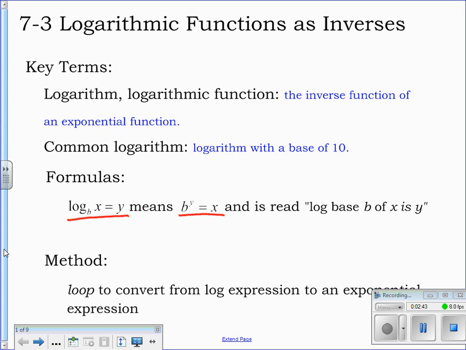I want you to notice the base of my logarithm and the base of my exponential are the same number. What swaps are the two other things.